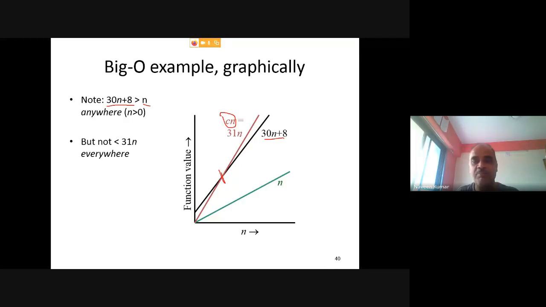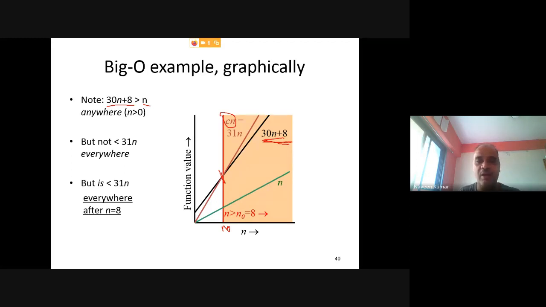So 31n is not always greater, right? Before this point it is smaller, but after this it is greater. That is what we are trying to capture using big O notation. Big O notation says that after some point n0, this function Cn will always be greater than the actual time function fn.